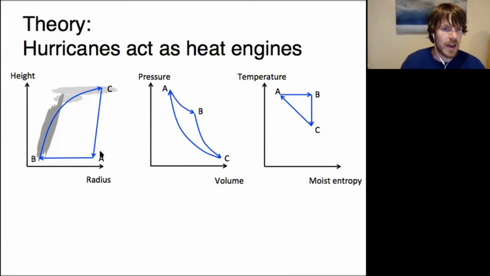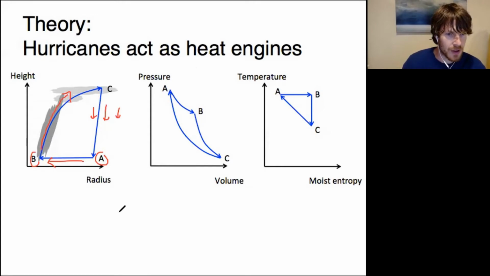So you have inflow from distant radii far away from the center of the storm, shown as point A here, towards the center of the storm, or the eyewall, point B. You have intense deep convection in the eyewall, which transports air upwards and which slants outwards in the outflow of the storm, and then slow subsidence back down over much of the outer portion of the storm towards the surface.